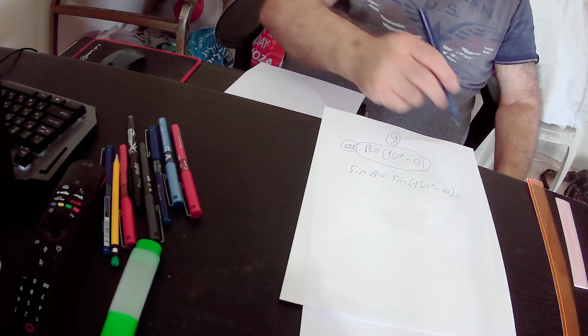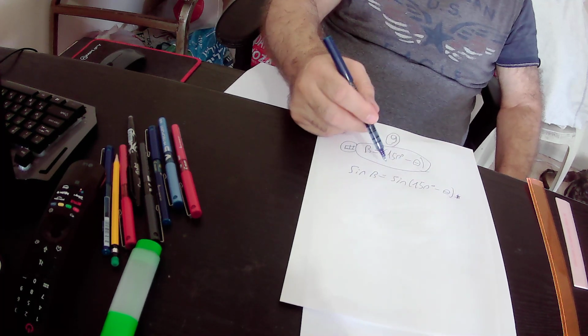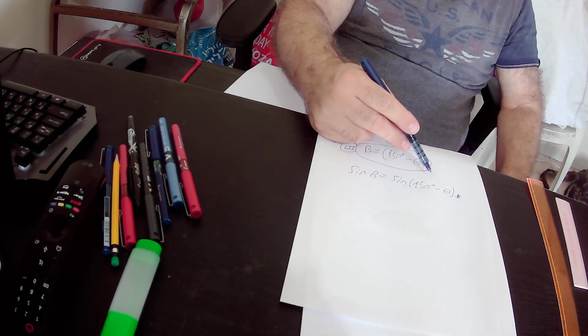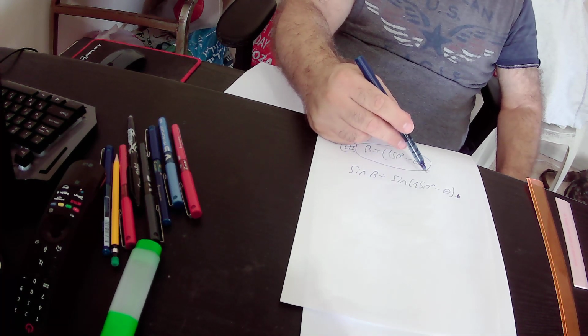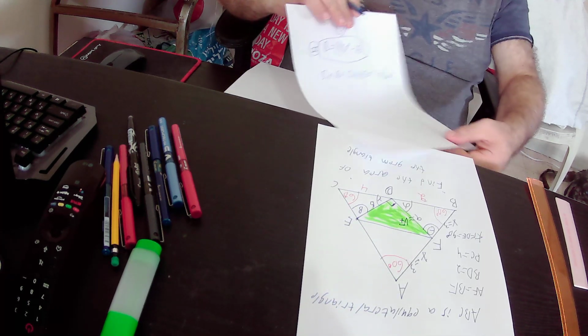Now we'll find out the value of sinus 150 degrees minus theta according to the trigonometric identity of sinus alpha minus beta.